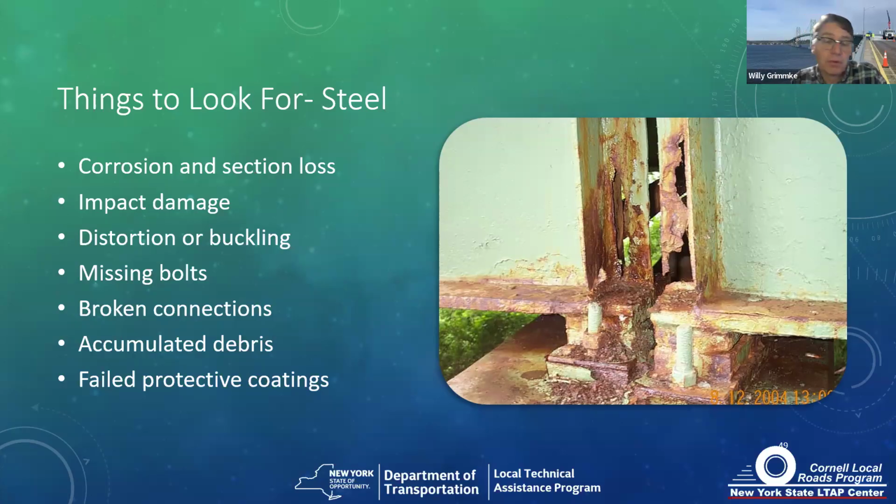Are you missing bolts or broken connections, broken welds? Do you have failed coatings? If it's painted or galvanized or weathering steel, is that protective coating continuing to protect the steel?